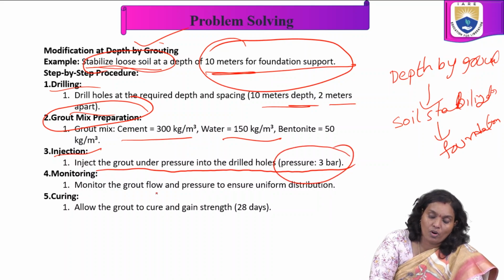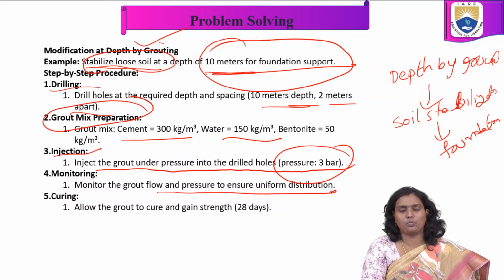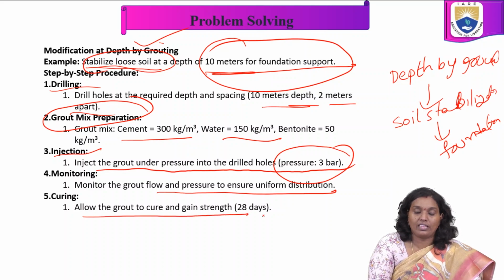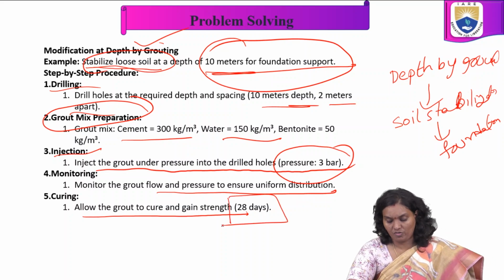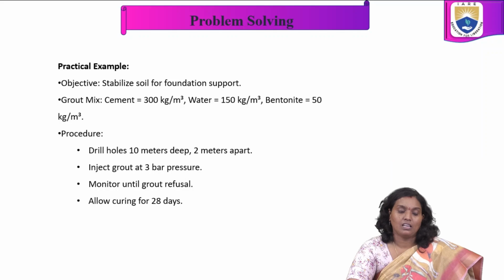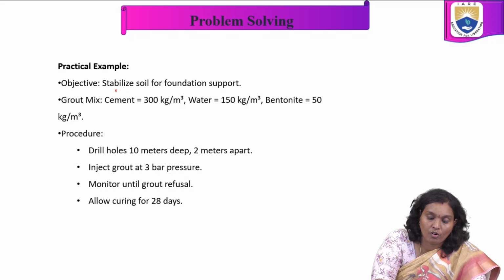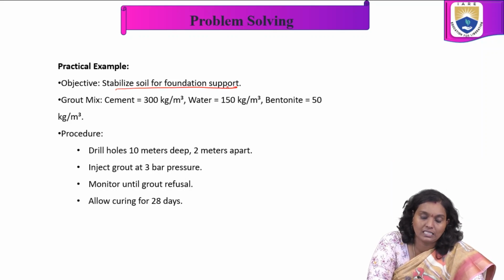Monitor the grout flow and pressure, ensuring uniform distribution. Allow the grout to cure and gain strength within 25 days. These are the various parameters which are involved in this. In this practical example, the objective is to stabilize soil for foundation support.